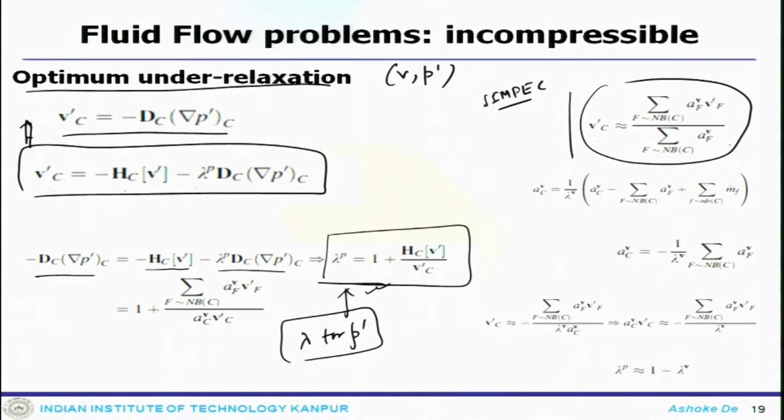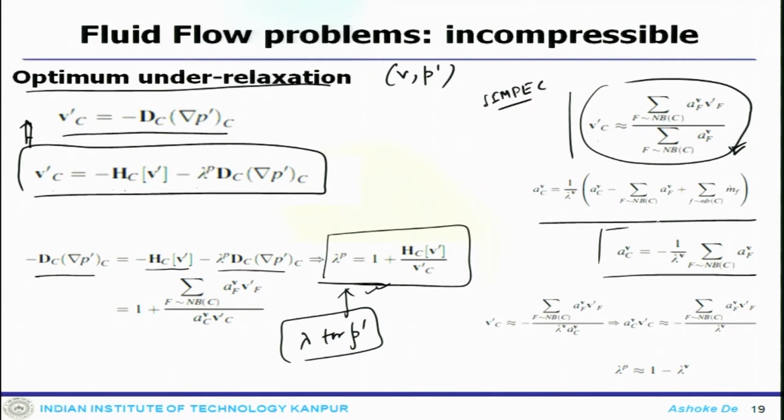So if you go back to your expression for the SIMPLEC or SIMPLE algorithm, you will find this expression, and then the coefficients can be written in this fashion, invoking the under-relaxation factor. If you simplify that, you will get this, and so the role of under-relaxation would be limited to this.